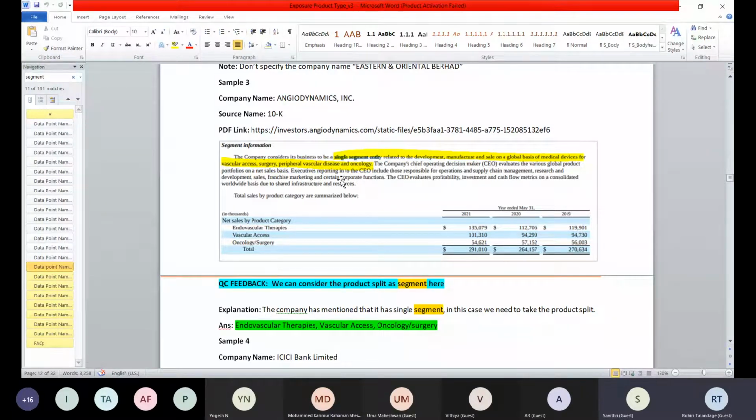Actually, here they mention it as a single segment entity, but we can take this product category also, because they have separately given the revenue for each product category. So this will give a clear idea of how much revenue they have generated from which product category.